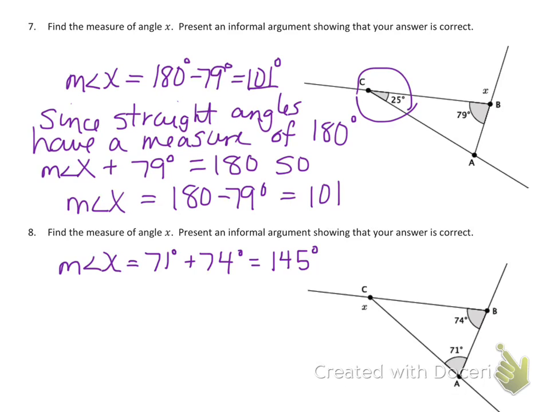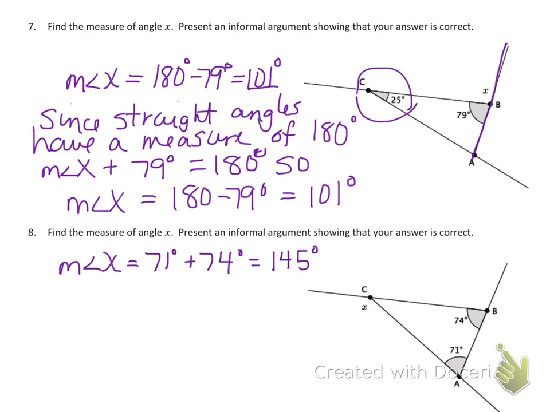Because we already know that this straight angle is 180 degrees, and since straight angles have a measure of 180 degrees, the measure of angle X plus 79 would have to equal 180 degrees. So the measure of angle X would be 101 degrees, 180 minus 79.